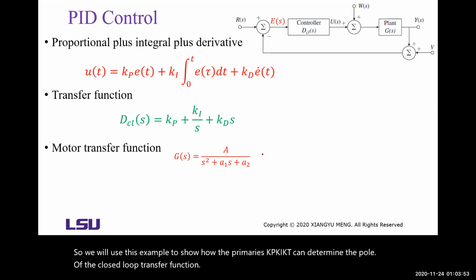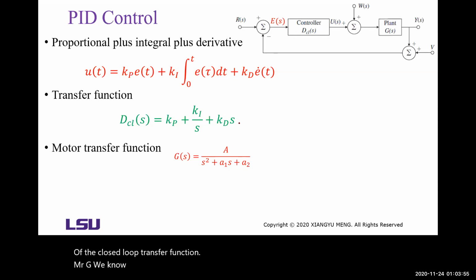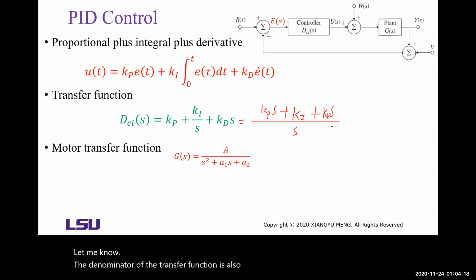This is G, and we know D, which we can write as the controller of s, Kp plus Ki/s plus Kd s. The denominator of the transfer function is also the characteristic equation.